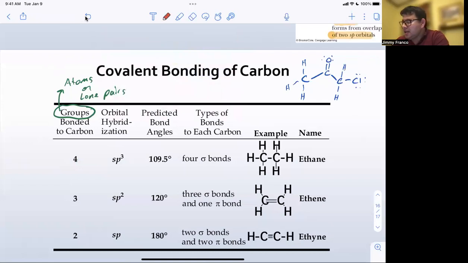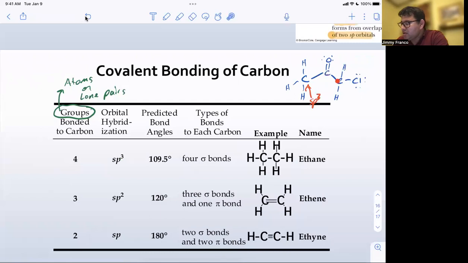All right, let's try this together. Looking at the first carbon, it's attached to 1, 2, 3, 4 things. If you're attached to 4 groups, you're going to be sp3. Looking at the next carbon, remember, we're not looking at bonds, we're looking at atoms or lone pairs.